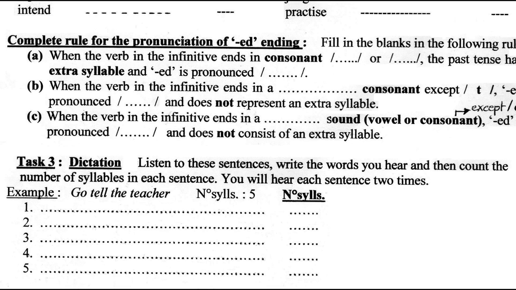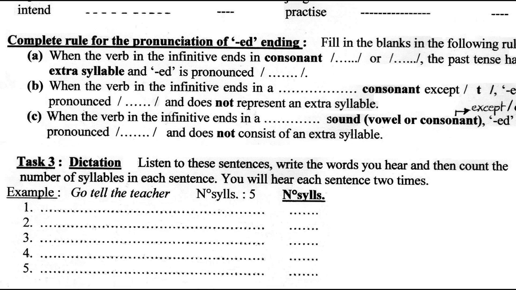And you write the sentences. You make a pause, you write the sentences, and then you are asked to count the number of syllables in each sentence, not in the word now, but in the whole sentence. Clear? You have an example. For example, go tell the teacher.